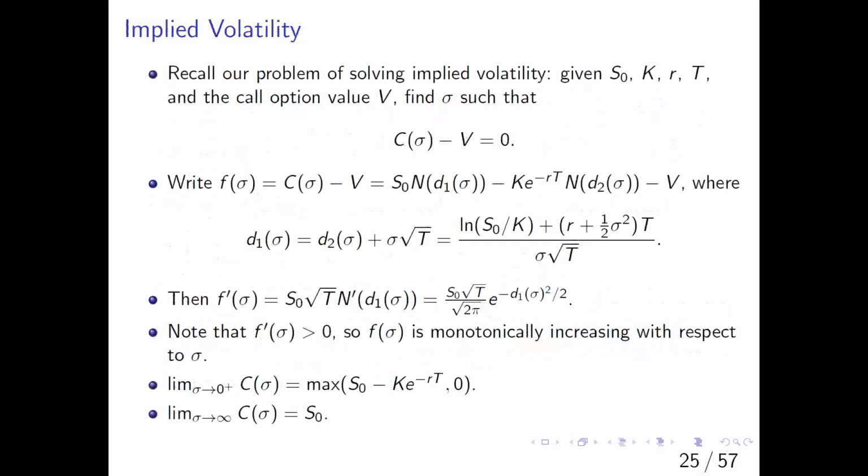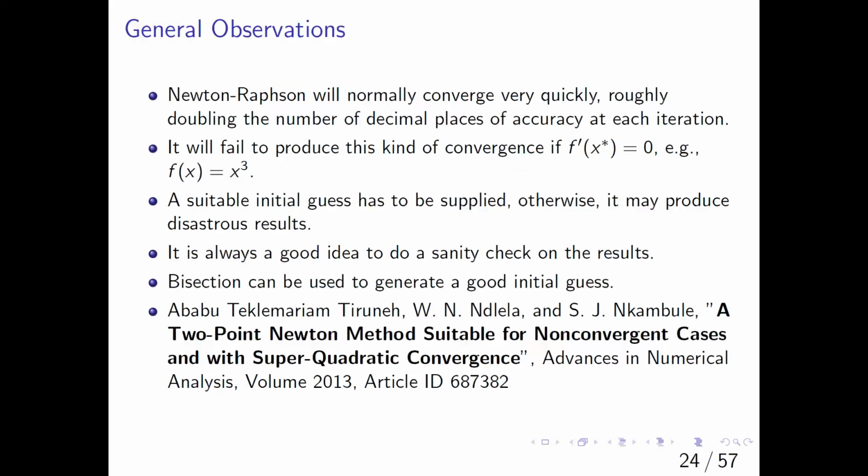Now here I give you the Python code I wrote for calculating implied volatility using the Newton method. Pretty much you just copy and paste. But you need to do the sanity check yourself.